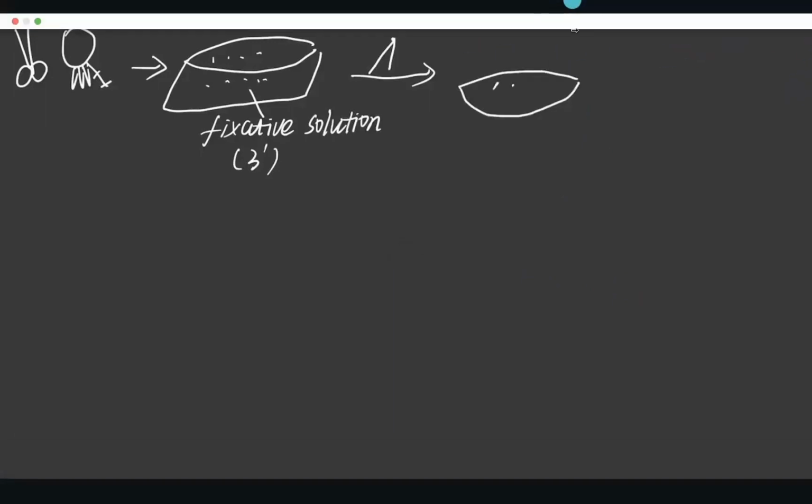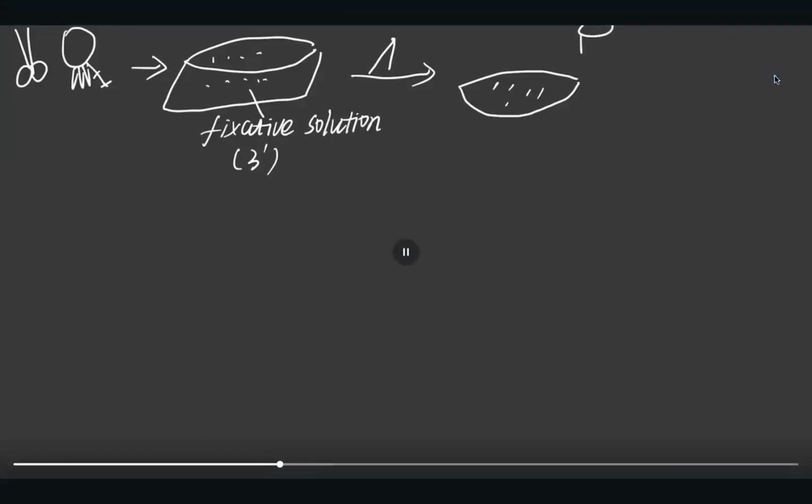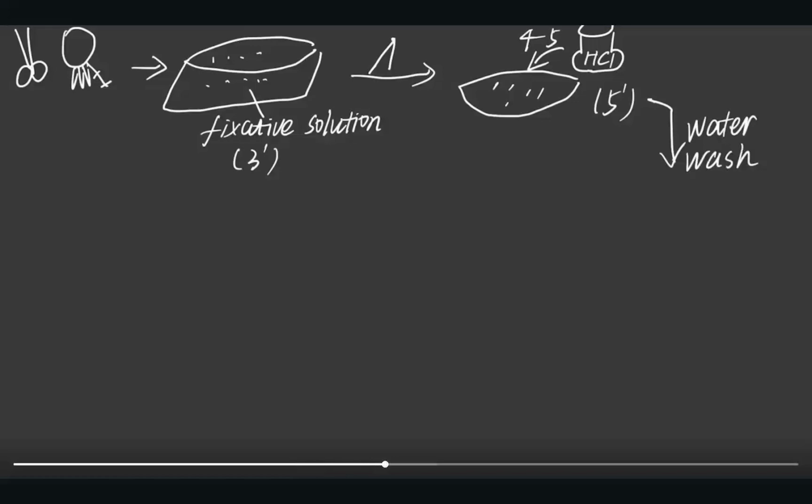We add 4 to 5 drops of hydrochloric acid to the watch glass to cover the root tips completely, and allow the root tips to soak in the acid solution for 5 minutes. Then we gently use water to wash the root tips 2 to 3 times to remove the acid solution.